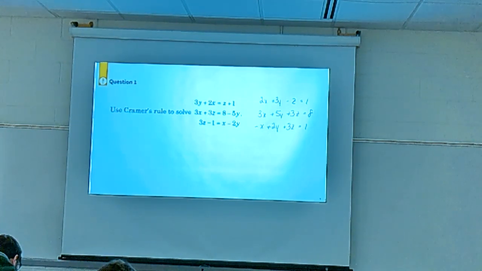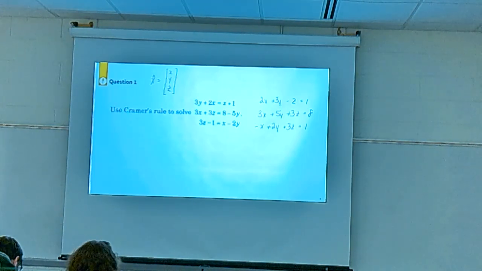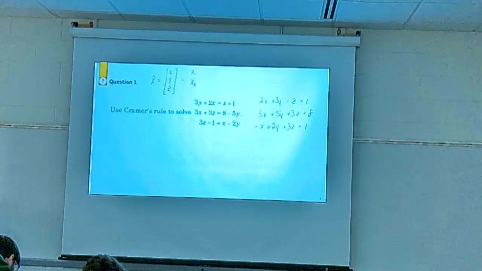Yes, let's write it that way. Our x vector would be x, y, z. For notation of Cramer's rule, we could say x is the x of 1, y is the x of 2, and z is the x of 3.